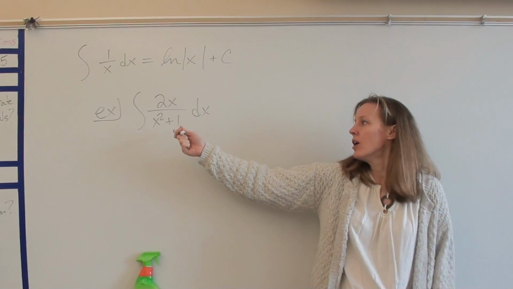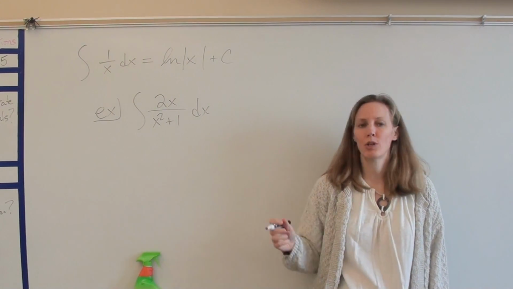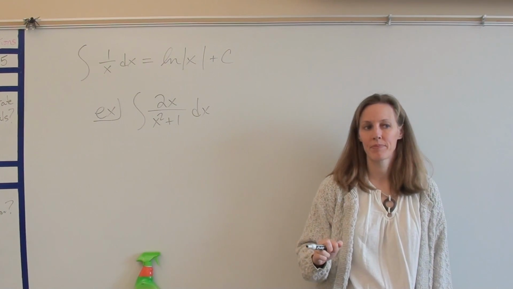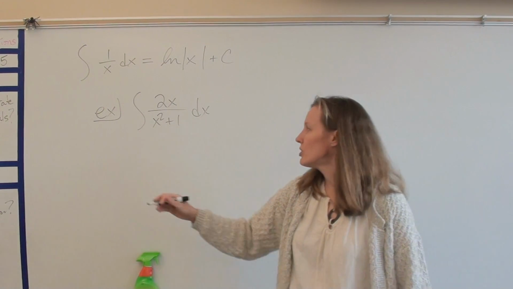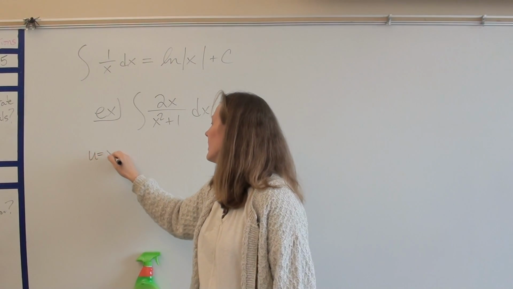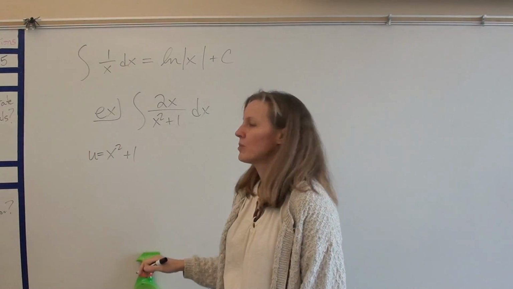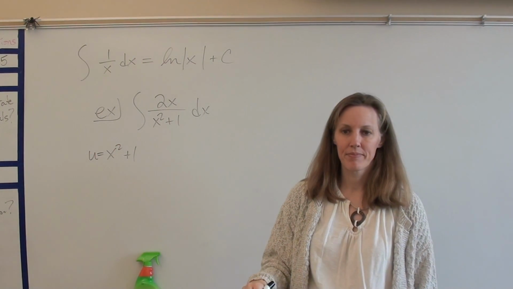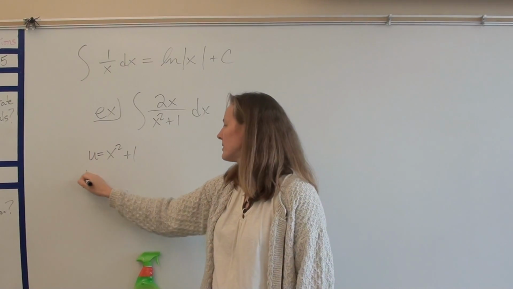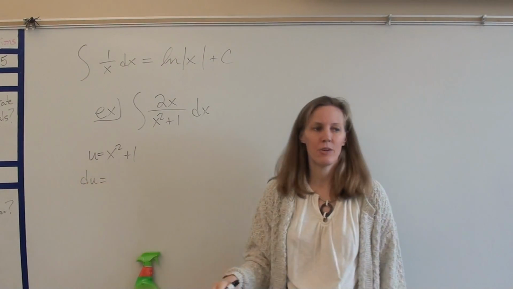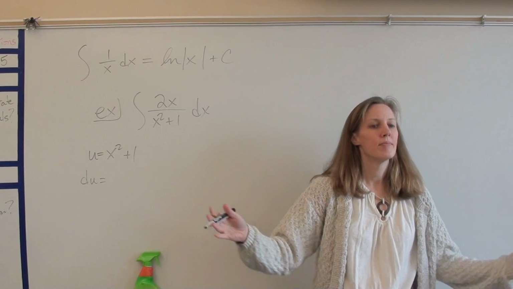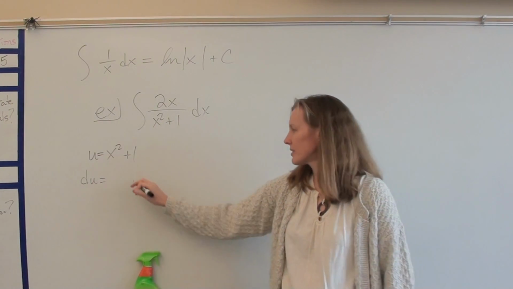So for this, anyone know what the u would be? X squared plus 1. So your u is x squared plus 1. So what's du? 2x dx.